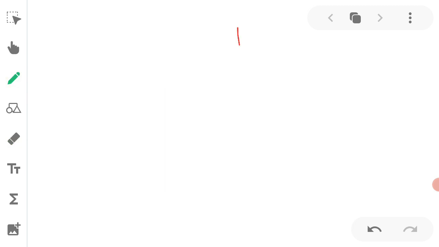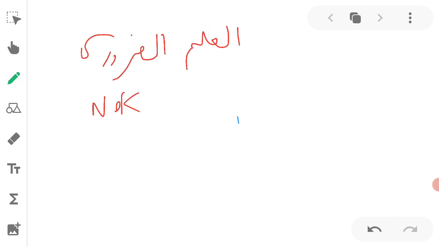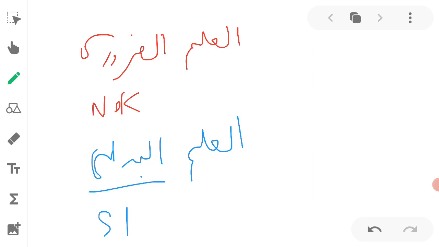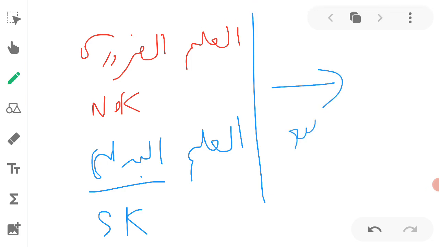So Sharif Jurjani just divides al-ilm al-daruri, necessary knowledge, from al-ilm al-badihi, that is self-evident knowledge, and they are both the same in that they don't require any reflection and process of reasoning. But it seems like the examples he gives of ilm al-daruri are related to the five senses, and the examples he gives of ilm al-badihi are more related to non-material things.